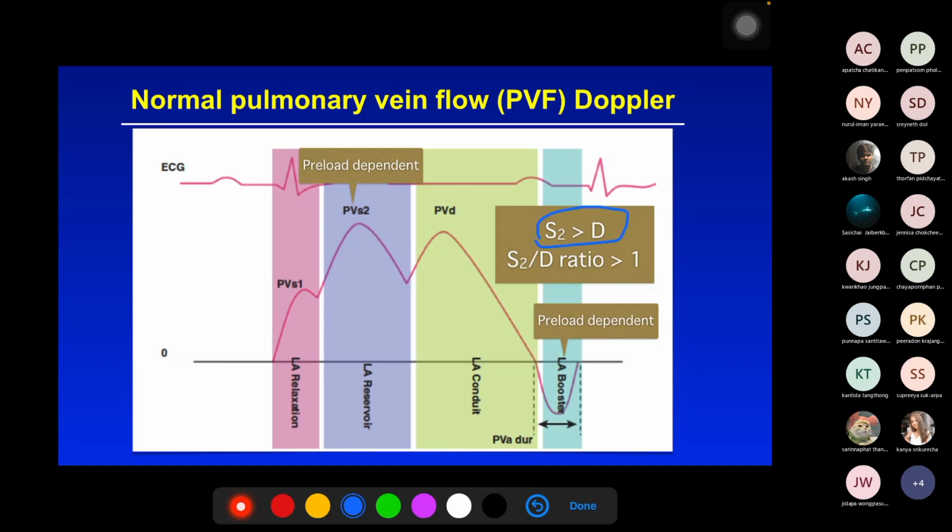Normal condition, S2 over D. Most of the time, we always see the S2. In some patients we could not see the S1 because the S1 is a short period. Sometimes S1 is filled into the S2 period. So mostly we measure the S2, PVS2.